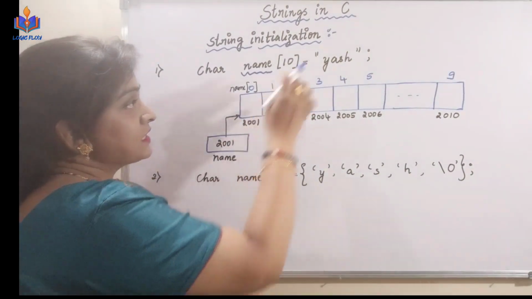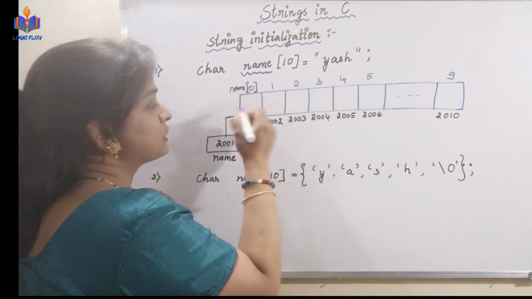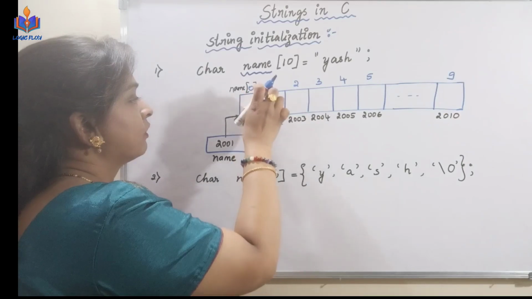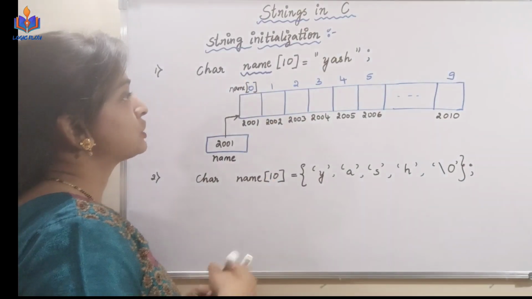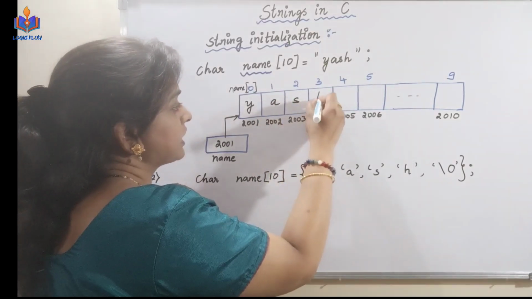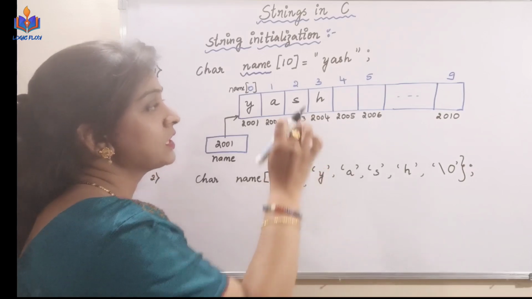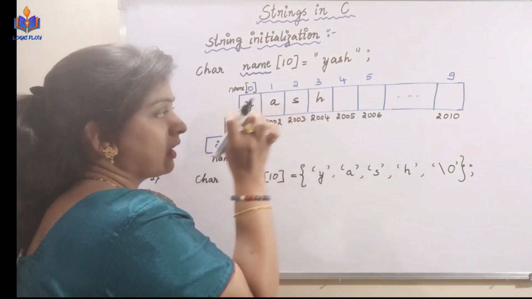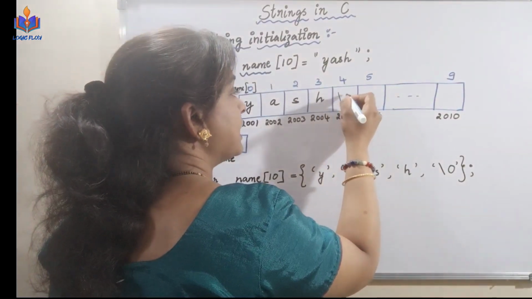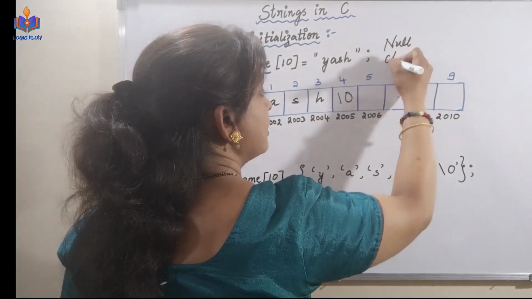Now here I have given the sequence of characters as Yash. So my characters will be stored like this: Y, A, S, H. Then there is one more thing you should know: an extra character will be stored, which is called the null character.